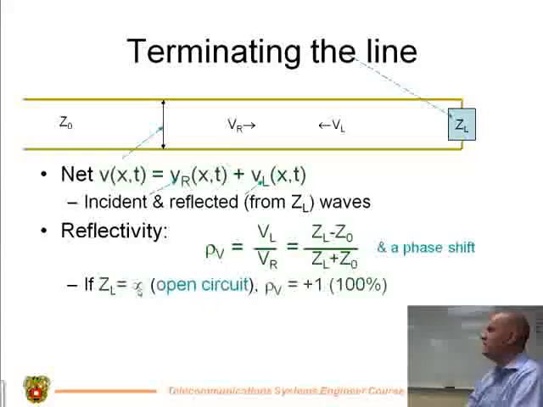So if ZL equals infinity, if we just don't put an end on it, then rho V ends up being infinity minus whatever Z naught was over infinity plus Z naught, which is infinity over infinity, which is 1. So everything gets reflected. How many of you ever used coax Ethernet? 1?